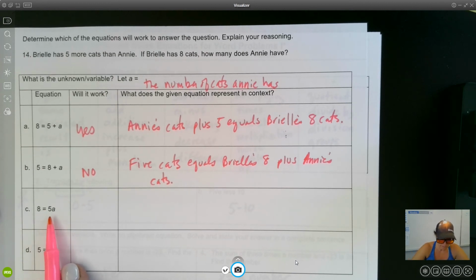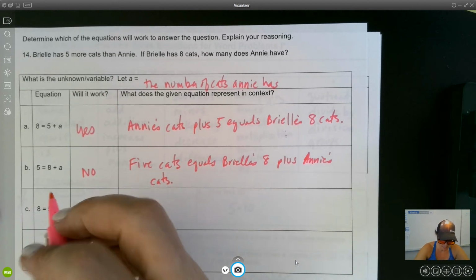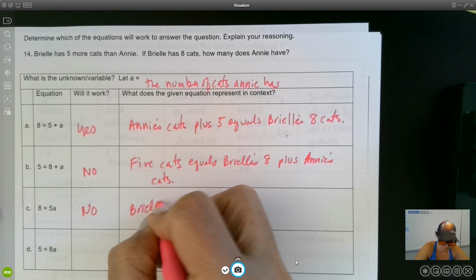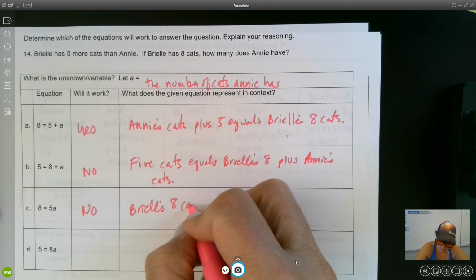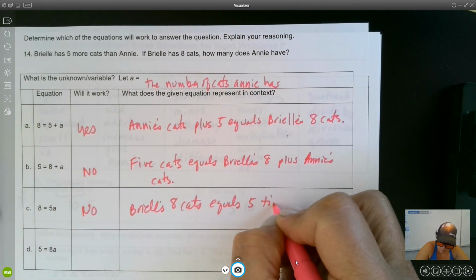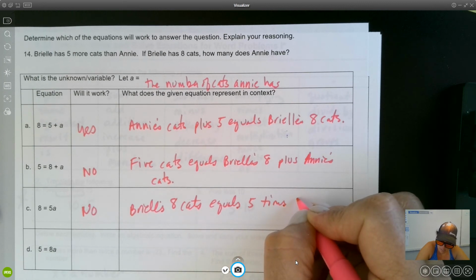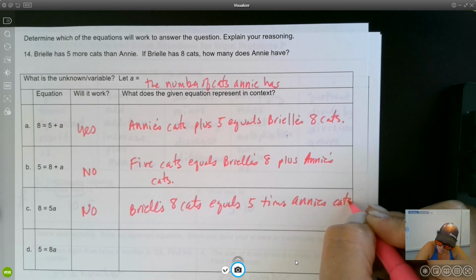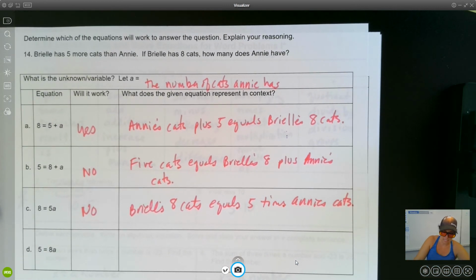Okay. 8 cats equals 5 times Annie's cats? No. Brielle's 8 cats equals 5 times Annie's cats. Okay, that doesn't make any sense.